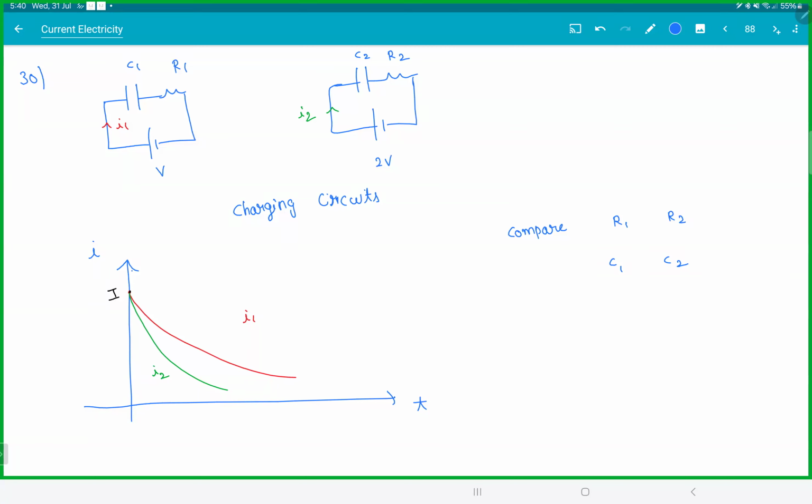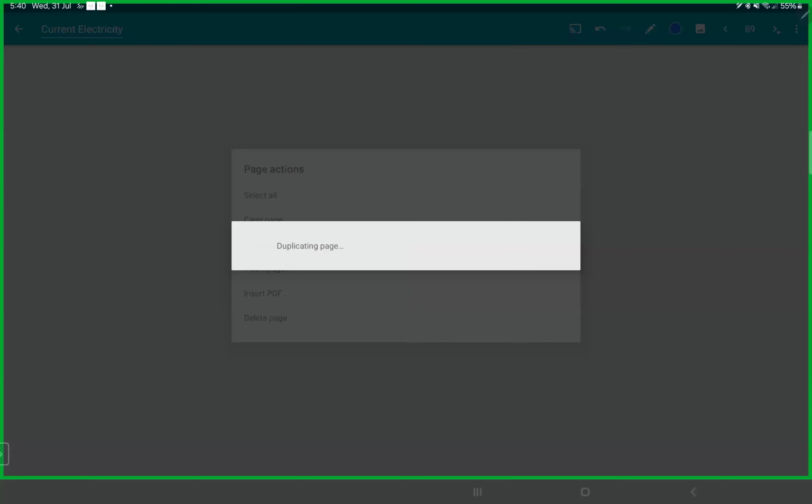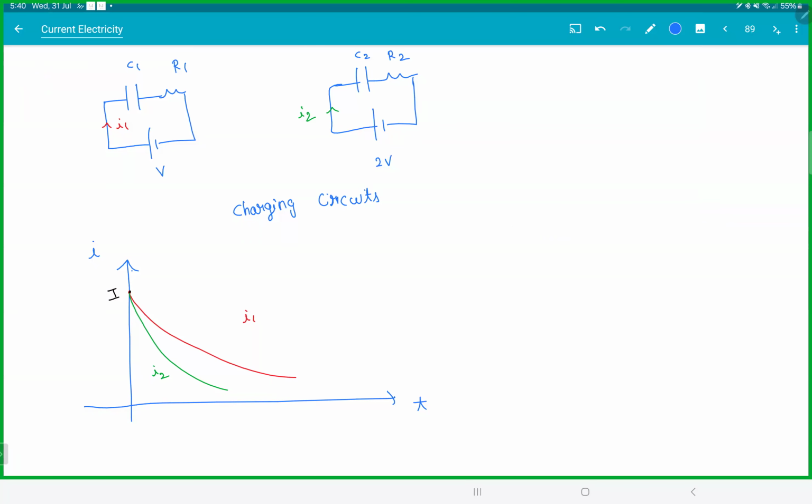Let's see. First thing you can clearly see at T0, the capacitor behaves like a wire. So current I should be V by R. You're saying both of them have the same current, so V by R1 must be equal to 2V by R2.